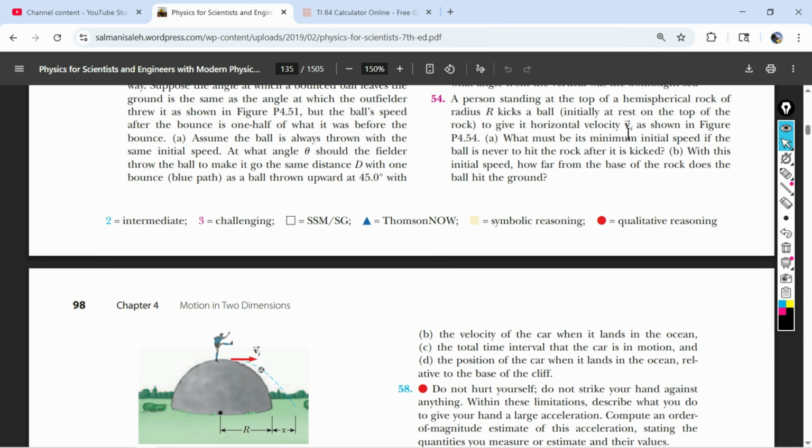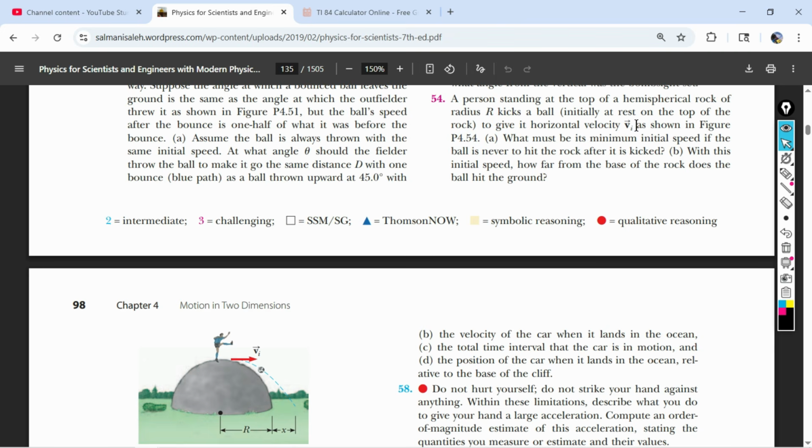Now this is going to be a vector, you know what I mean? Anytime I see a vector, I slow down and think, well, it has a magnitude and a direction. So what's its magnitude? I don't know, let's just guess. Let's say it kicks at 10 meters per second. And what direction? It looks like he's going to kick it totally horizontal, and we'll call that the x direction.